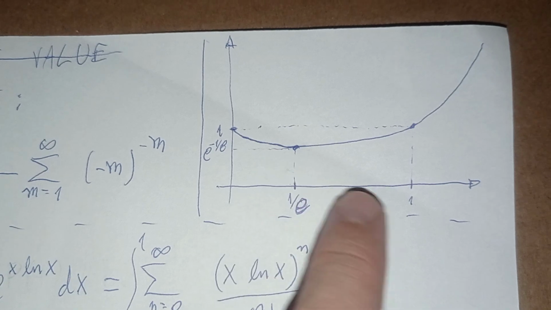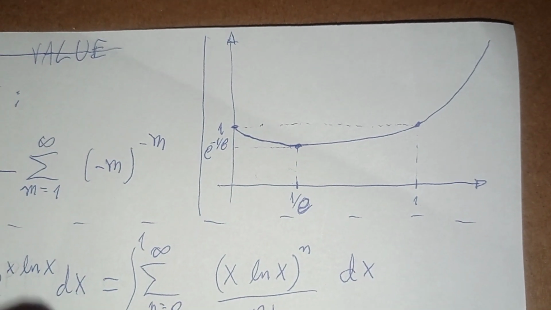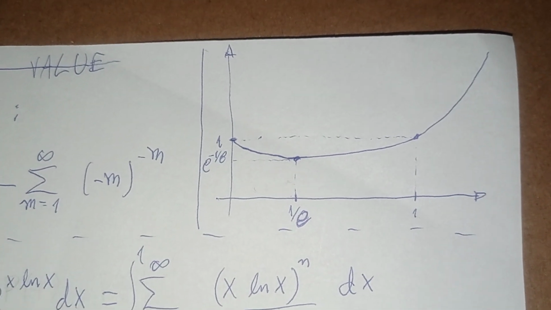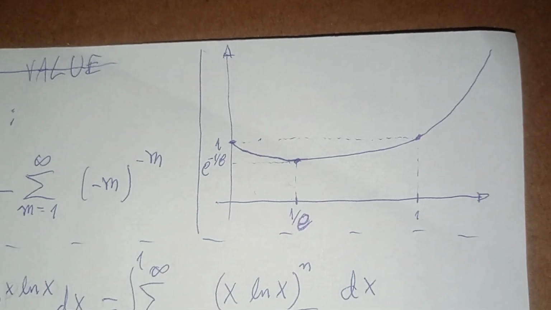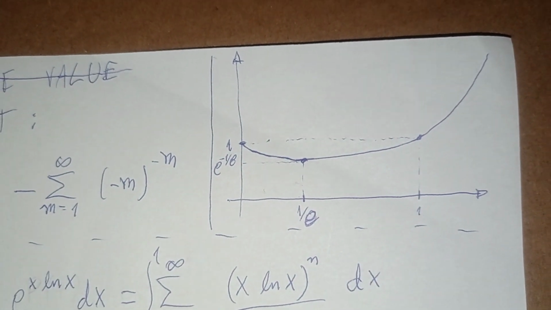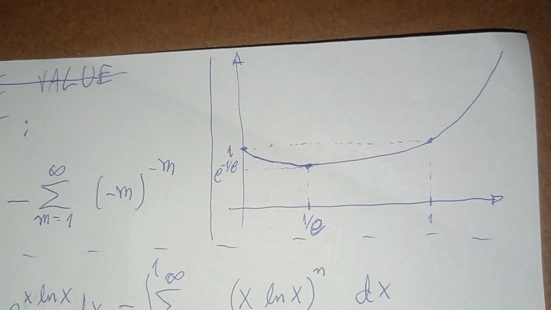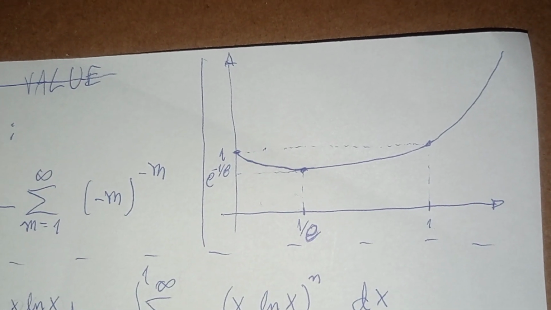This is x to x. Before x equals 0, we need to go to the complex plane to have this function, and thankfully we will not deal with complex analysis because it's a spiral in the complex plane, but it's quite a lot more complicated, and this integral wouldn't make sense really in this instance.